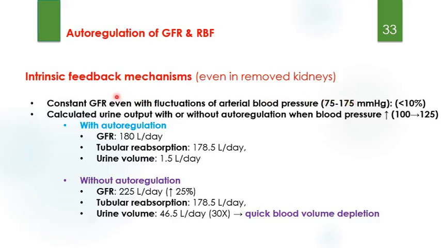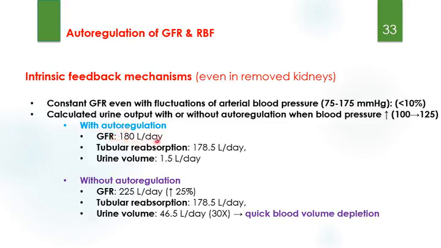The autoregulatory mechanism is an intrinsic feedback mechanism, and even in kidneys removed outside of the body, we can find this mechanism inside the kidneys. Let's consider the importance of the autoregulatory mechanism. For example, when blood pressure increases from 100 to 125, about a 25% increase in blood pressure, what happens with autoregulation?